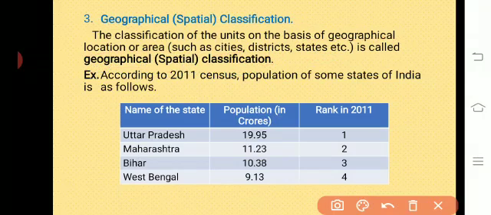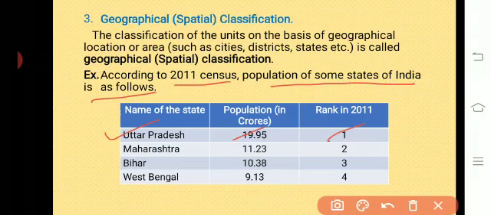For example, according to the 2011 census, the population of some states of India is as follows. Uttar Pradesh, the population was 19.95 crores and it stood first rank.